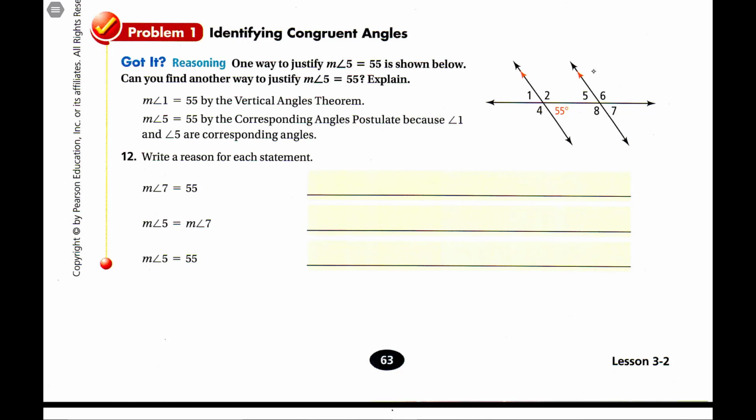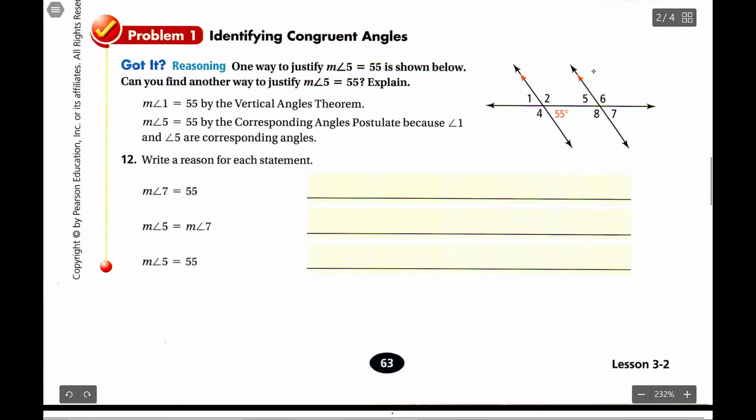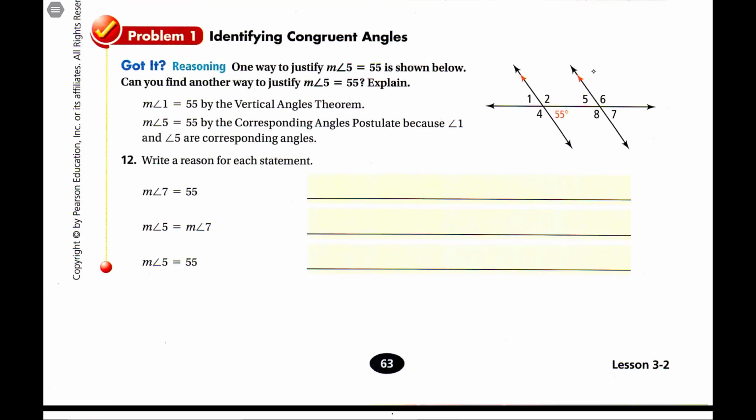We want to write a justification for each statement on number 1, and we're first told that the measure of angle 7 is 55. So here's angle 7, and we're told that it's 55 degrees. Well, that comes from the corresponding angles postulate.